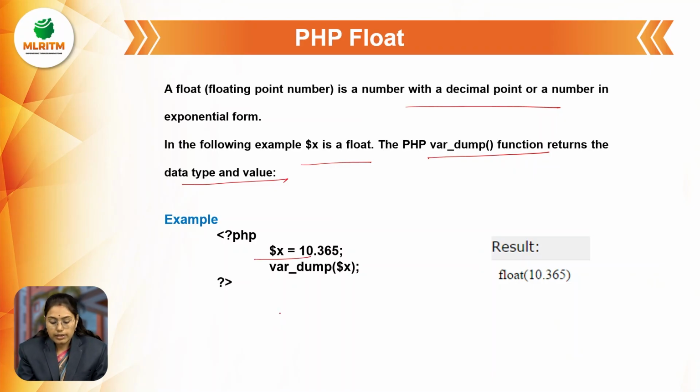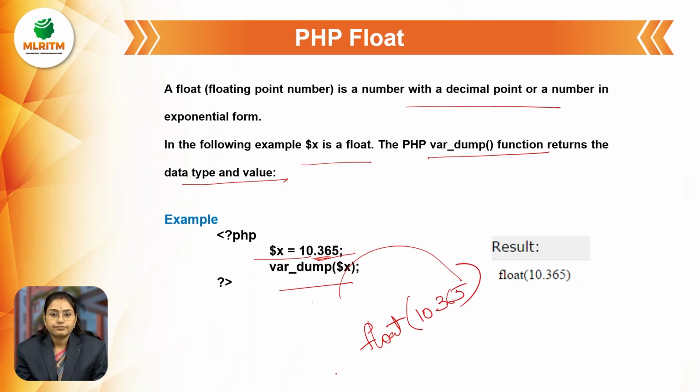Here we are declaring $x equal to 10.365, and we want to print that value using var_dump($x). So coming to the output, what will it give? Because it consists of a decimal point, it will give float 10.365. Clear with PHP float?